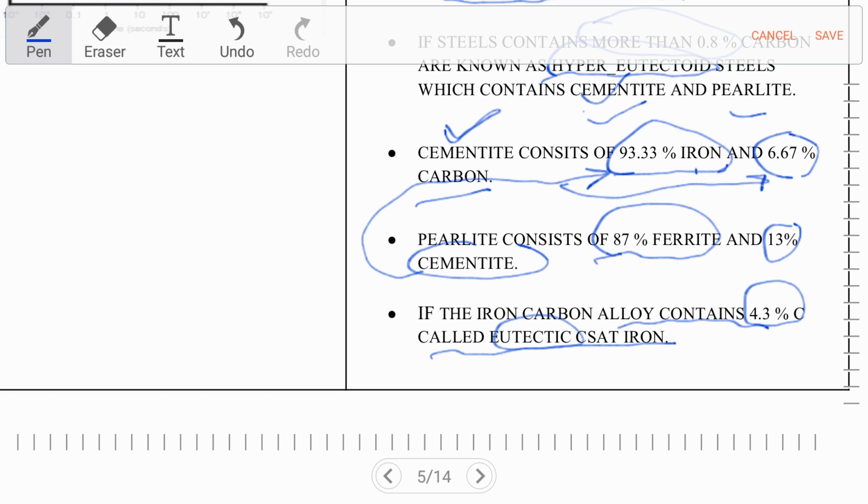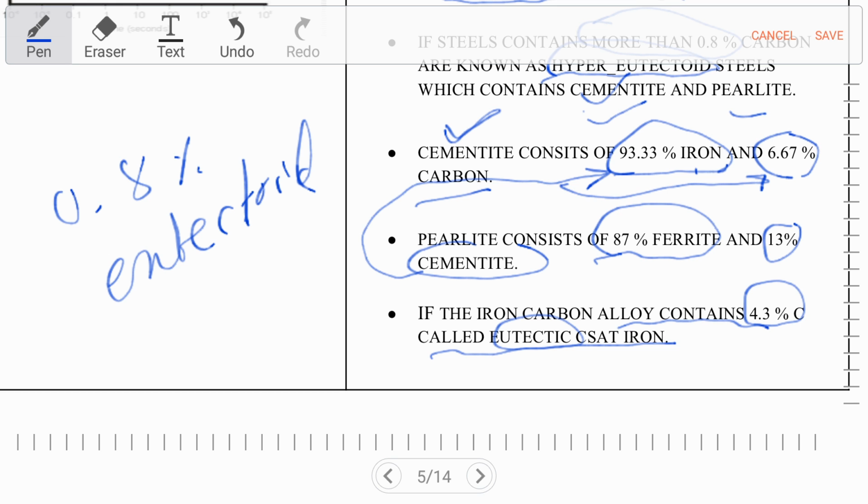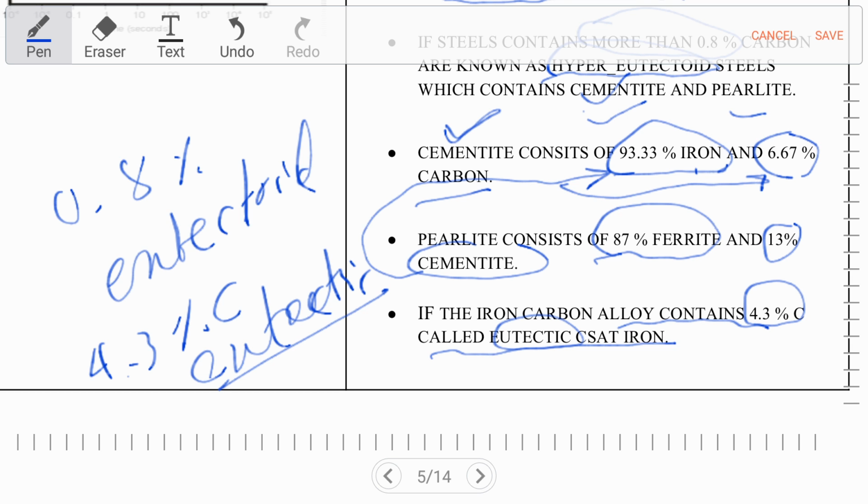Keep in mind, before eutectic we studied that 0.8 percent carbon is known as eutectoid. 4.3 percent carbon is known as eutectic. So don't confuse between eutectic and eutectoid.